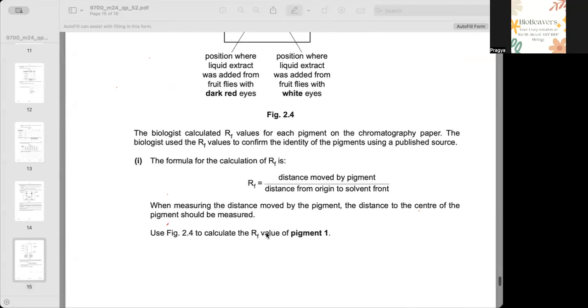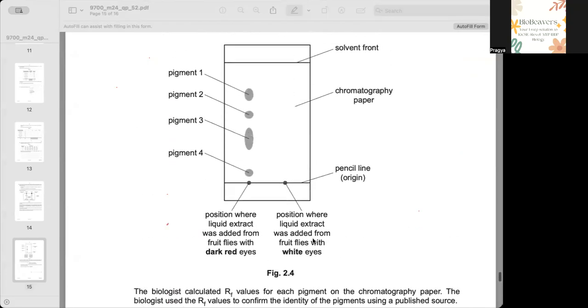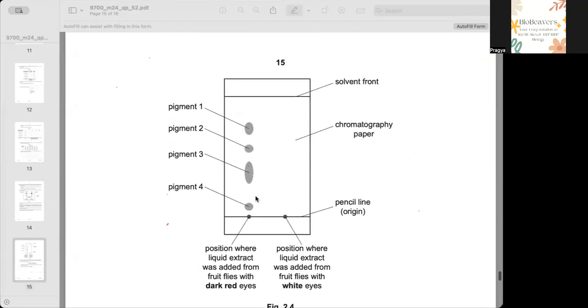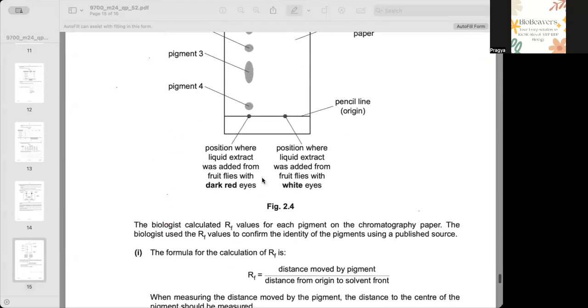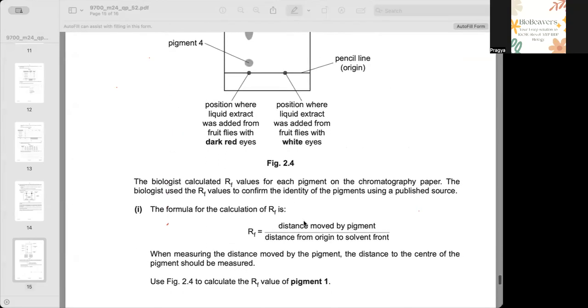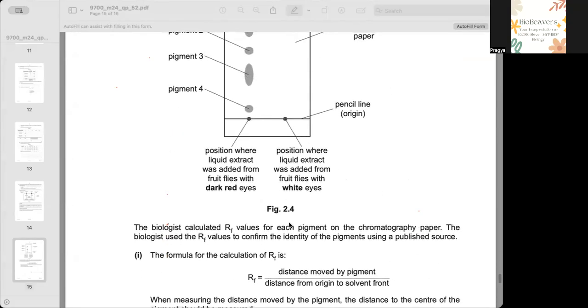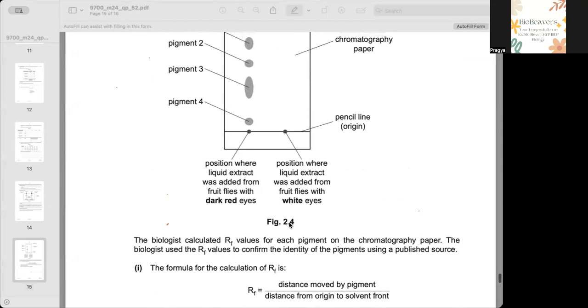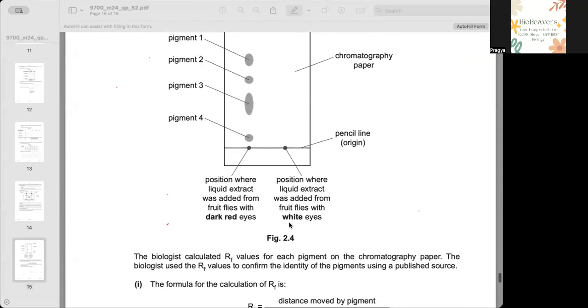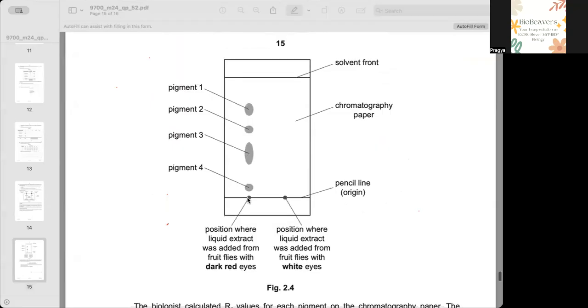So what is the RF value for pigment 1? First is the distance moved by the pigment and the distance from origin to the solvent front.